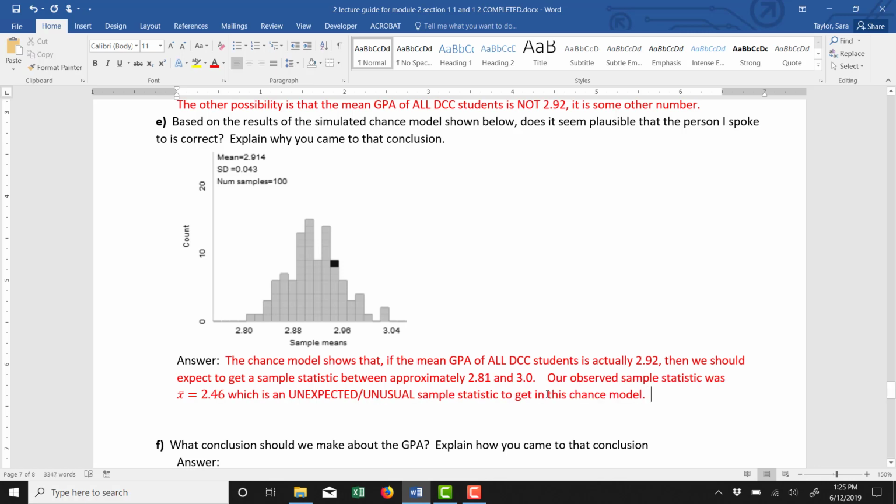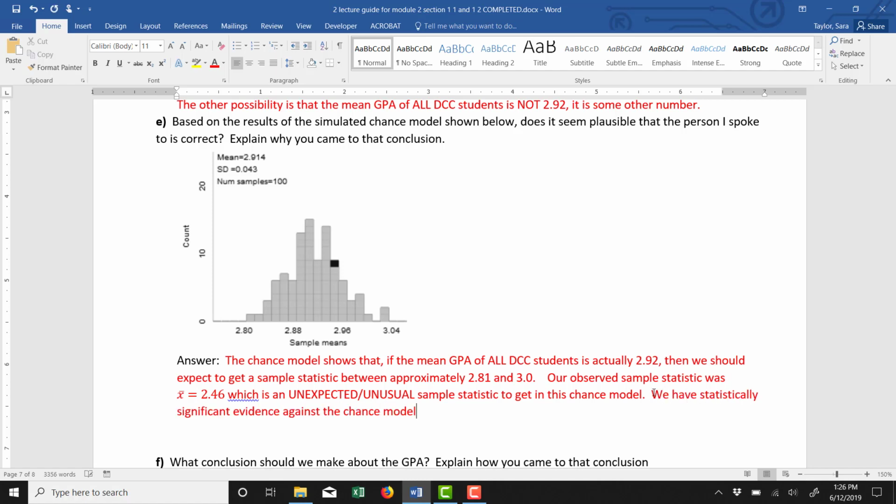Because we got an unusual, unexpected sample statistic, we conclude that we have statistically significant evidence against the chance model. In other words, we have statistically significant evidence that the population mean is not 2.92. We have strong evidence that it seems to not be 2.92.